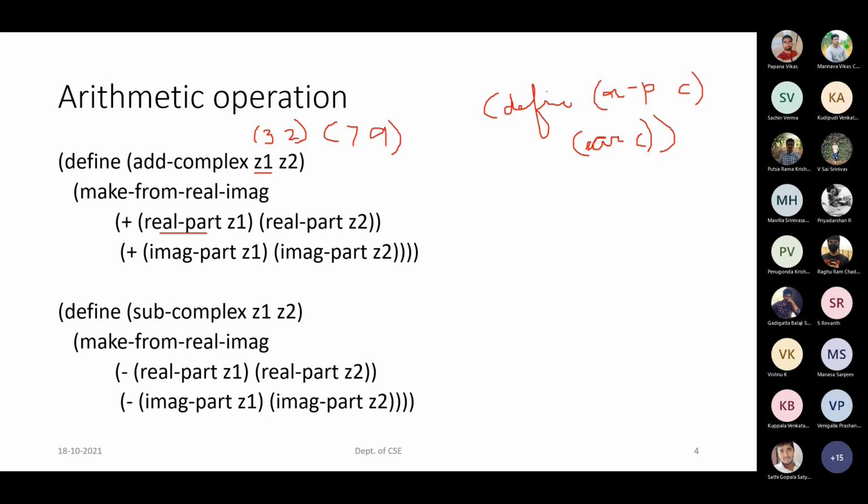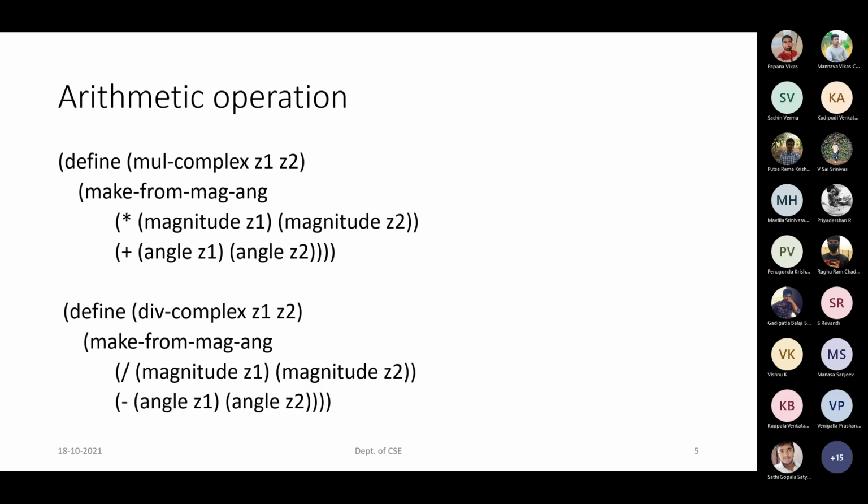So better than that, if you can imagine that the complex number is given in the polar form, then it will be easy for you to calculate. That is, you can extract the magnitude of the first complex number, which is nothing but the first value of the complex number.